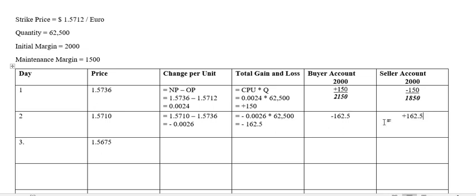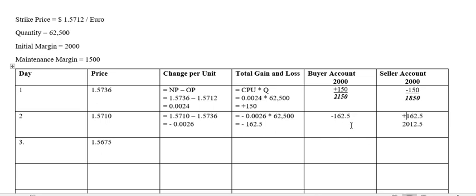I guess I like the positive sign a lot. That's why I keep on typing it mistakenly. So 2150 minus 162.5 is 1987.5 for the buyer, and 1850 plus 162.5 is 2012.5 for the seller.